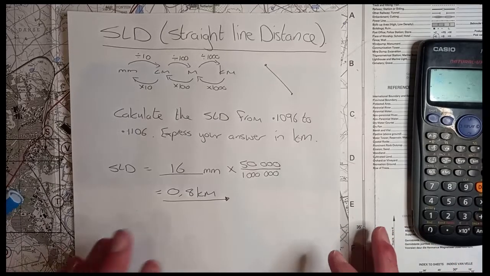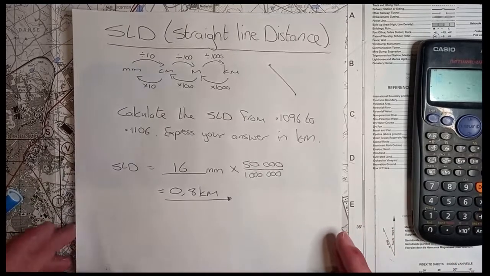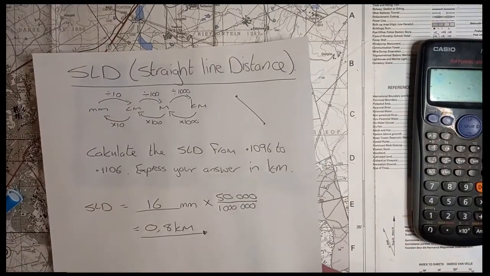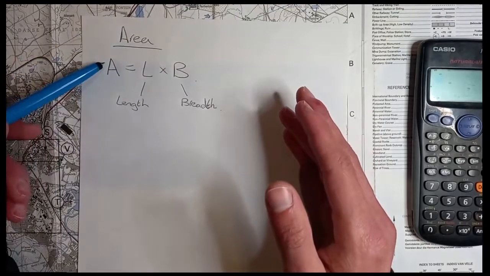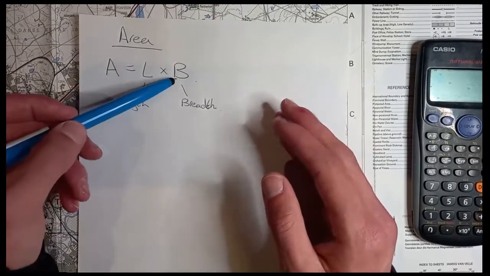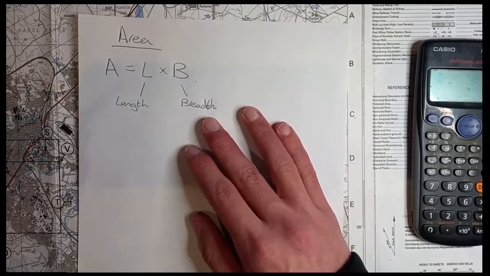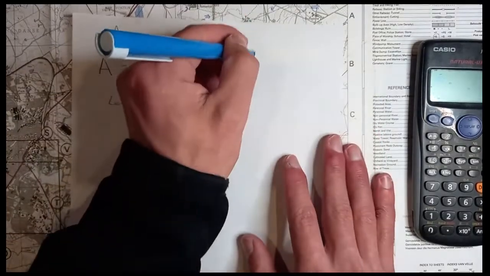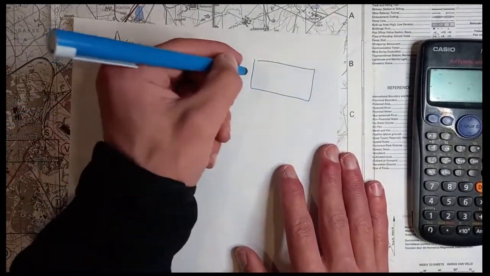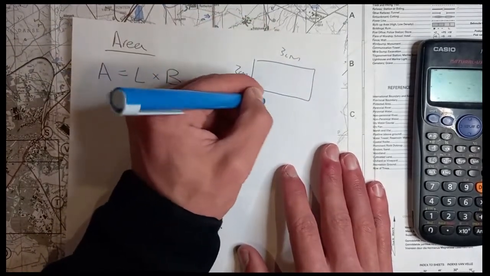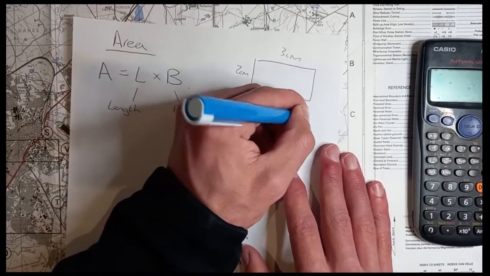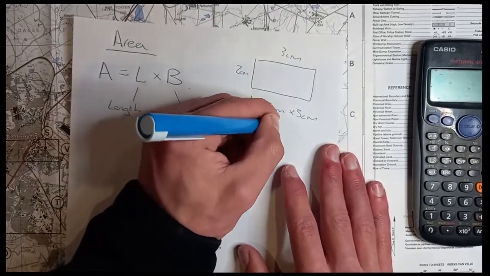So now, going under the idea of SLD, we are going to be looking at area. Area is equal to length times breadth. In standard math, you would have a block like so, and you would measure 2 centimeters, 3 centimeters, and you would say area is equal to 2 centimeters times 3 centimeters, giving you 6 centimeters squared.